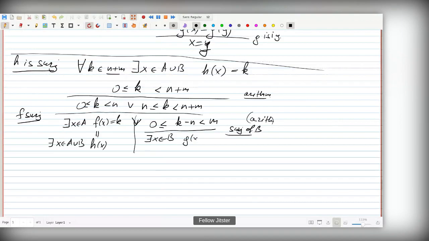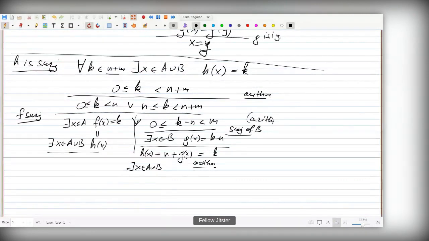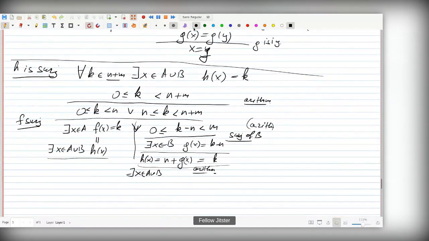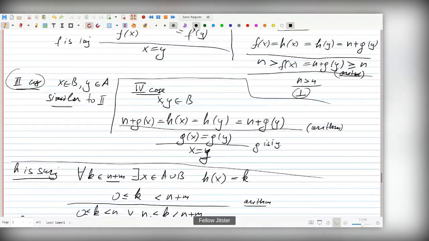But then g of x plus n, still due to arithmetics, equals k. And on the other hand, this equals h of x. So in both possible cases, we have obtained an element where the function h takes the value k.